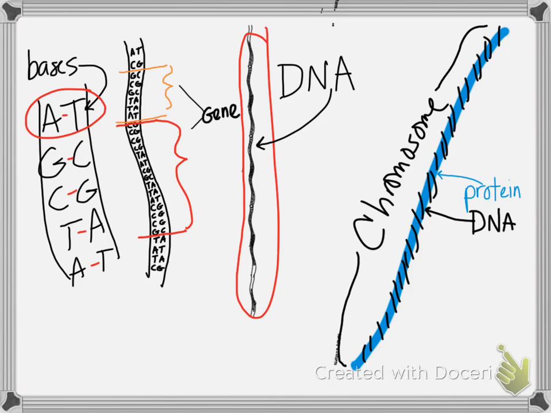So in every cell in your body, with one exception, you have 2 copies of each, chromosome 1, chromosome 2, chromosome 3. And we talked about trisomies, where people have how many copies? Tri means 3. So we've talked about trisomy 21, where people have 3 copies of chromosome 21.